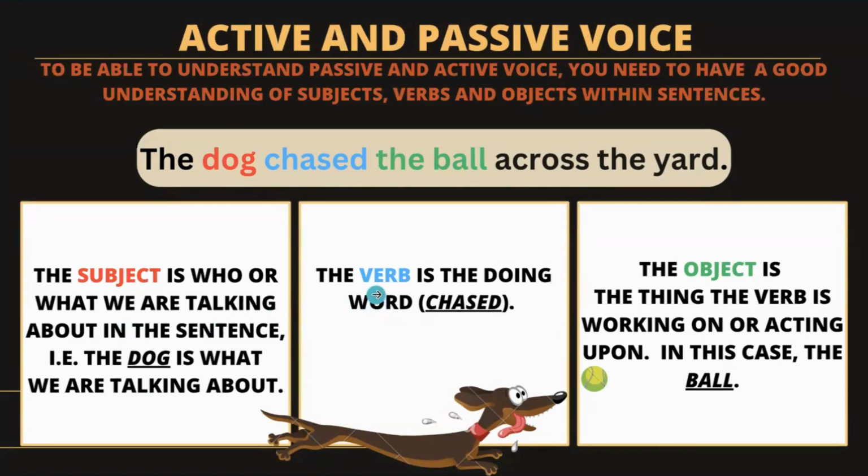The dog is chasing. That is the verb. The verb is the doing word. Chased is the verb. What is the dog chasing becomes your object. The object is the thing the verb is working on or acting upon. In this case, the ball is the object.